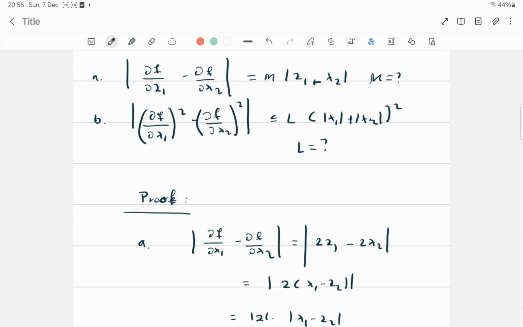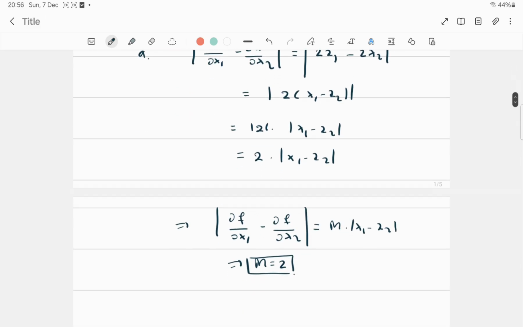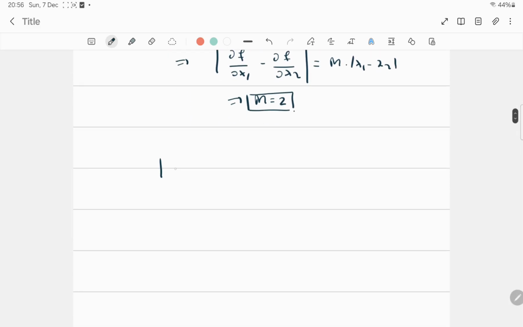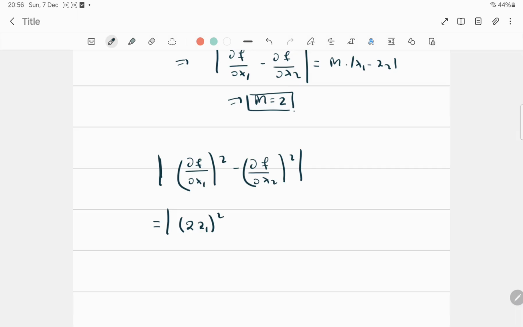So let's go to the other one. We have the partial derivative with respect to x1 raised to the power of 2 minus the partial derivative with respect to x2 raised to the power of 2. It's going to be (2x1) squared minus (2x2) raised to the power of 2.